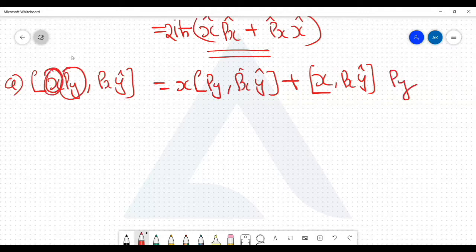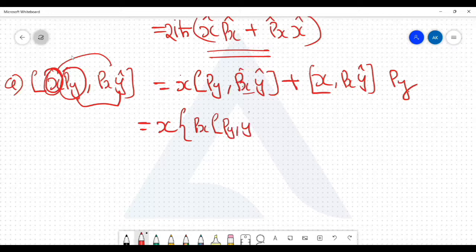Therefore when writing the commutator, when this guy together, x should be first, when this guy together, py should be last. Now this is x into, again you have to split. Here again you have to take px y, this is a product, therefore px should become first: py with y plus py px with y.